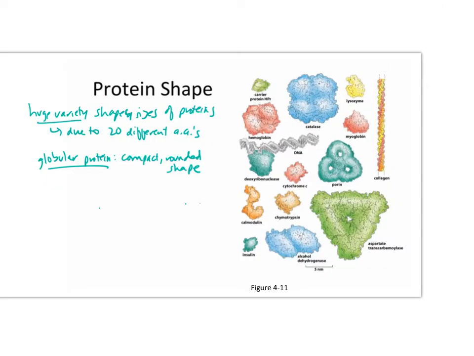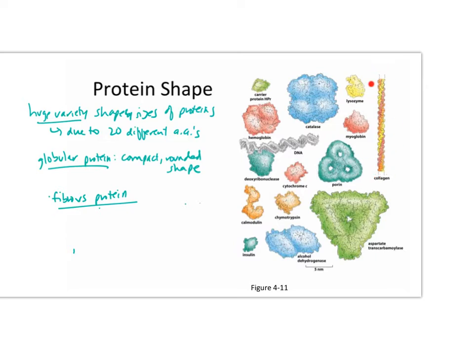The other major category of protein structure that's shown over in that figure are fibrous proteins. And just like it sounds, it would be some sort of a fiber. They usually span long distances and are pretty skinny molecules. So if you look over there, do any of the proteins jump out at you as being potentially fibrous?